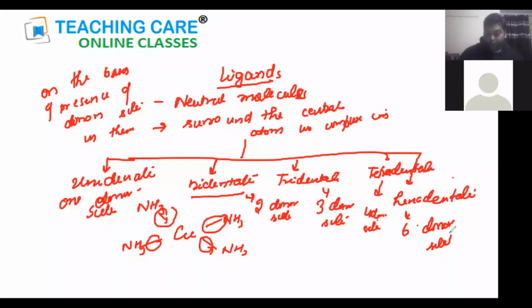So on the basis of donor sites, ligands can have 1, 2, 3, 4 or 6 donor sites.